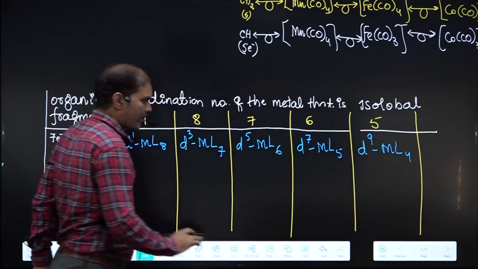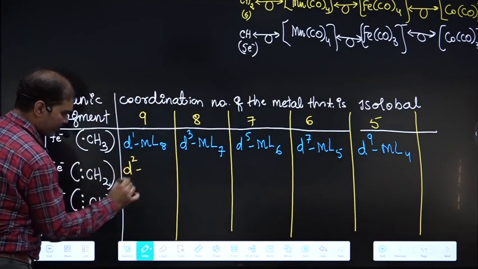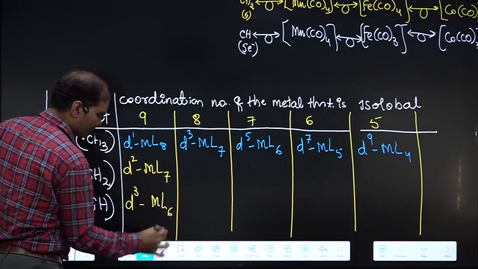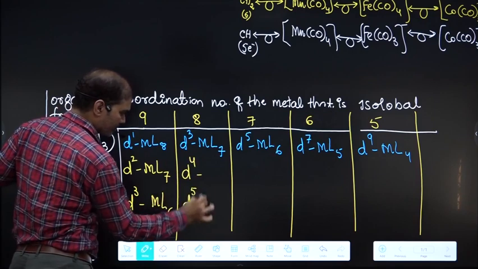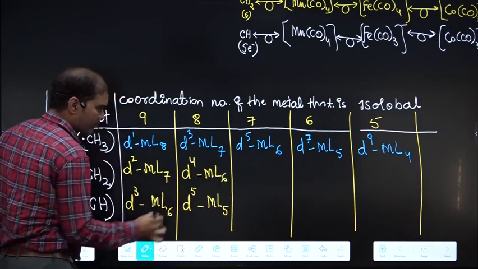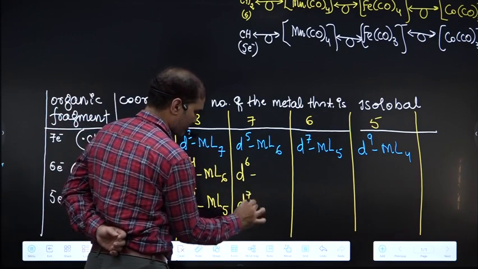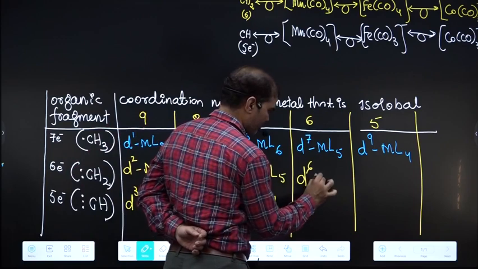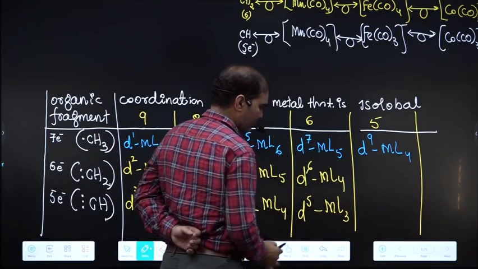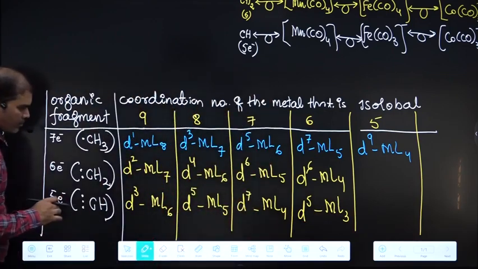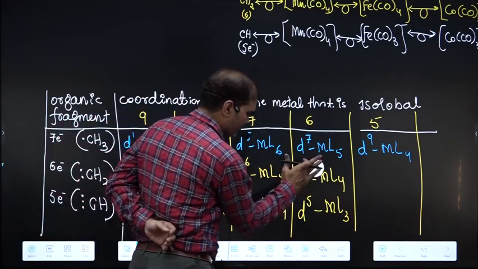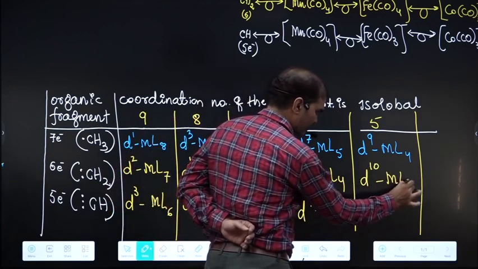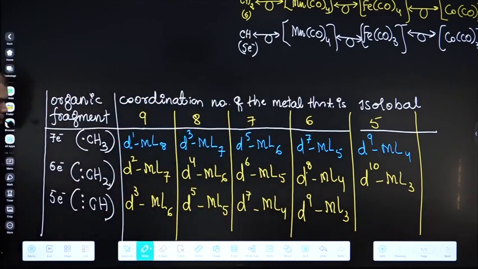And once you complete this table, you just try to understand it. This is the table given from Hoffmann's studies.